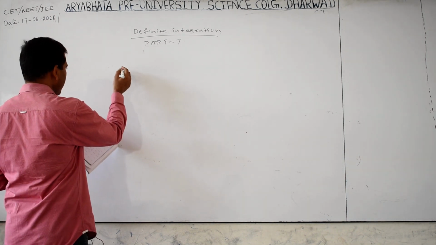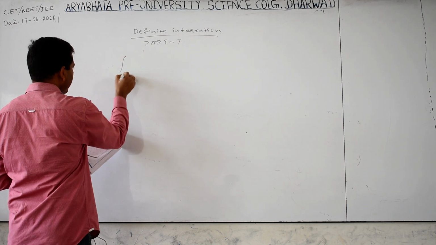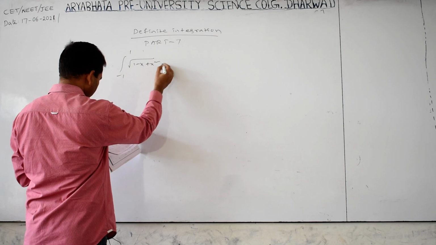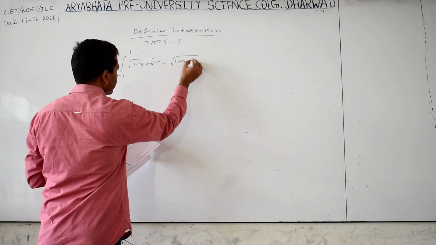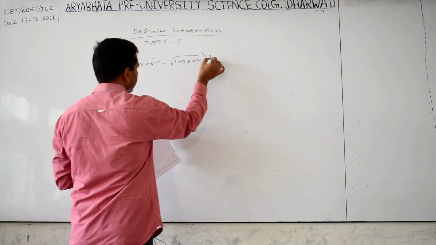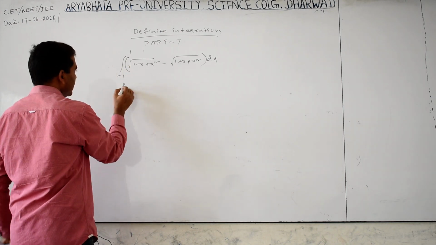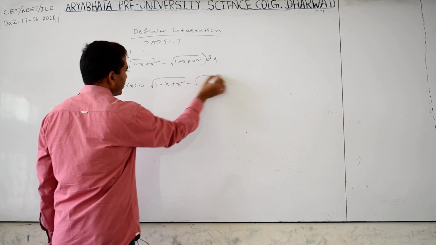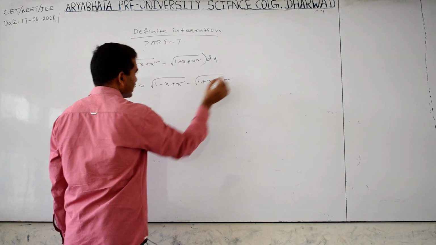Next, the integral from minus 1 to 1 of root of 1 minus x plus x square minus root of 1 plus x square dx. Let this be f of x. Put x equal to minus x: root of 1 plus x plus x square minus root of 1 plus x square.